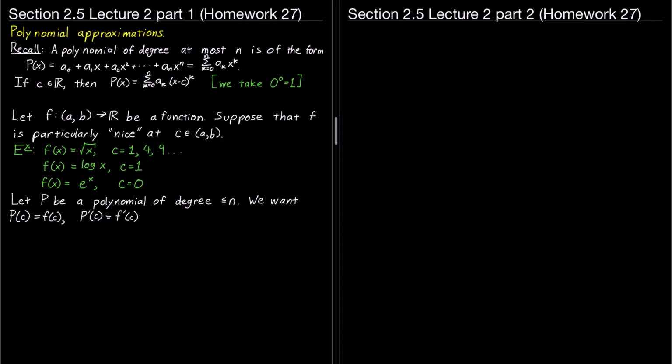And you may recall that the derivative of e to the x is e to the x, so all the derivatives of our f of x in this example are also going to be easy to compute at c equals 0. Derivative of log x, at least if it's the natural log, ln x, then your derivative is 1 over x. So those things are easy to deal with at c.